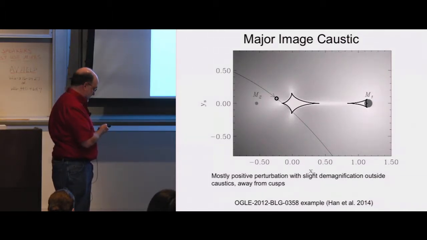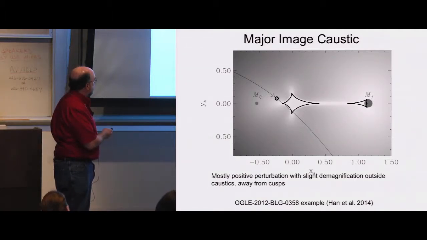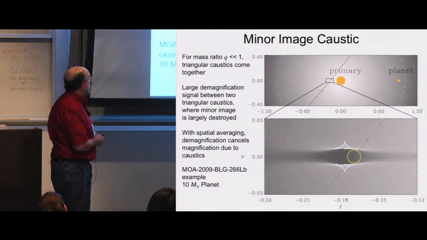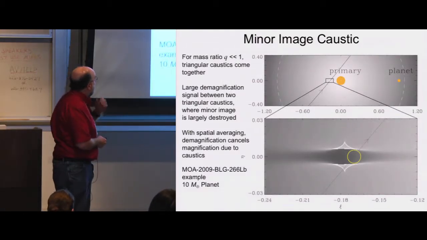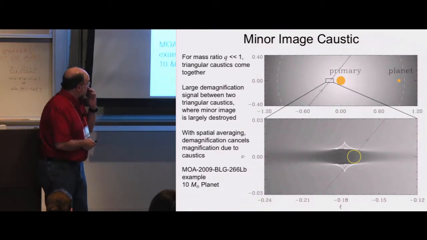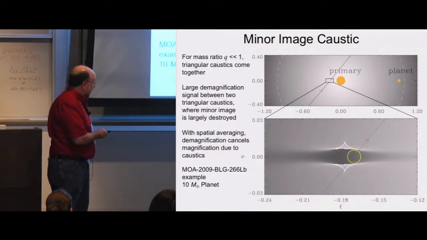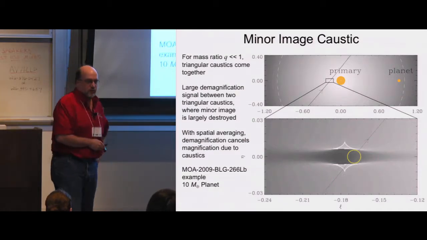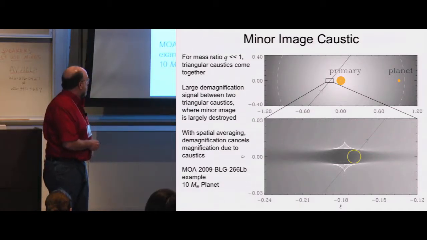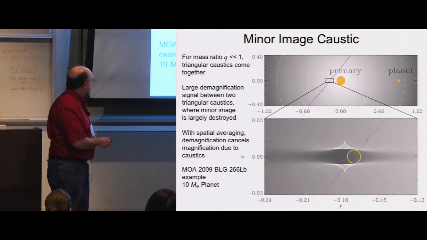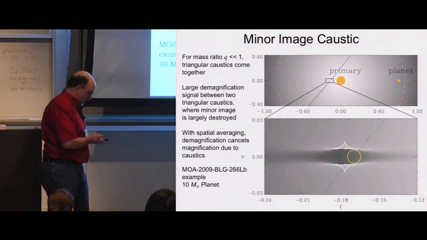And as Scott mentioned, the deviations here are primarily positive, but you have some negative deviations away from the cusp, just outside the caustic. But the minor image caustic is different, and in fact, this magnification deficit feature in between the two triangular caustics is pretty important, and for the smallest mass planets, it can sometimes give the largest signal.